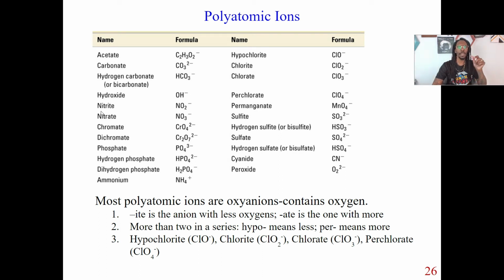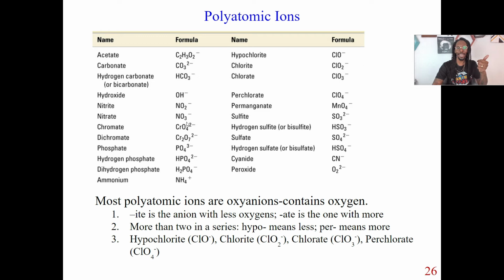Nitrite has an N here for nitrogen, and same thing here, nitrate. Now, ITE means the anion with fewer oxygens. So nitrite only has two oxygens.